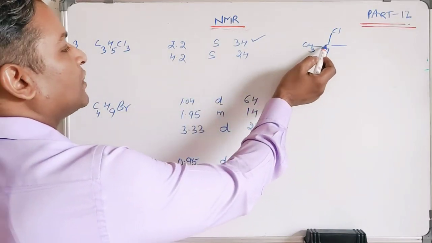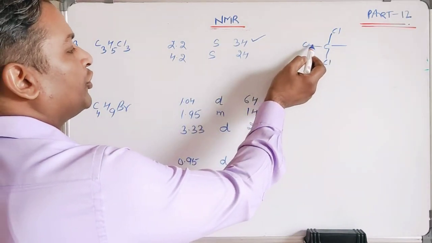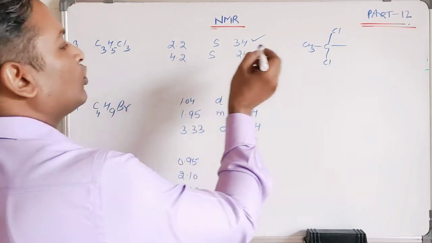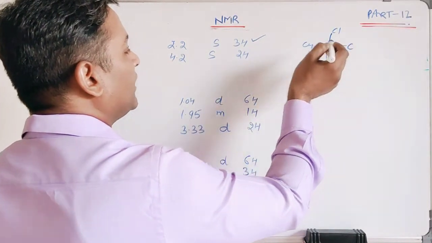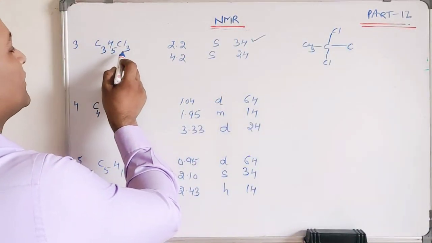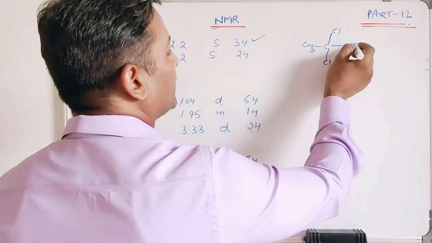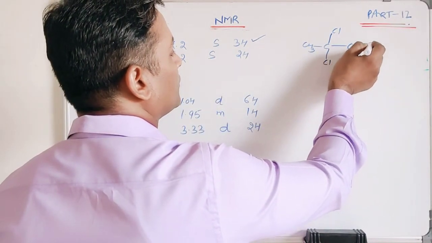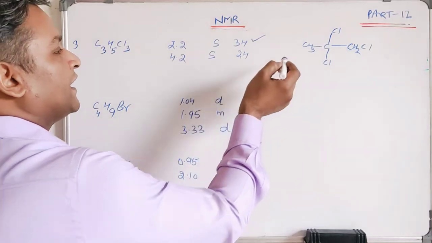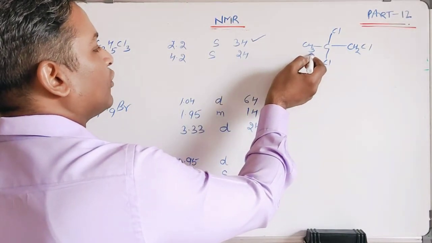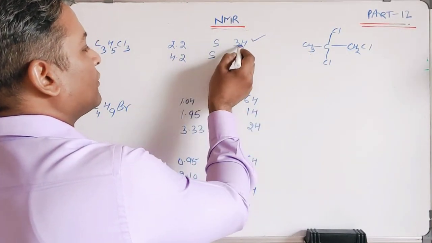We have accounted 2 carbon, as you can see here. So we are just left with 1 more carbon, and we have this CH2Cl. Only then can we have a singlet for 3 protons.